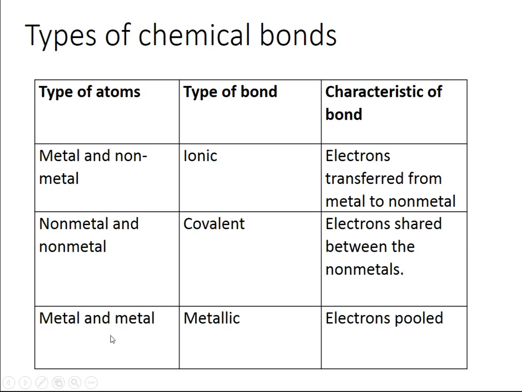The third one is between metal and metal. It's a metallic bond. In this case, electrons are pulled. What it means is that one electron can interact with several nuclei. The same case, maybe 2 or 3 nuclei can interact with a single electron.